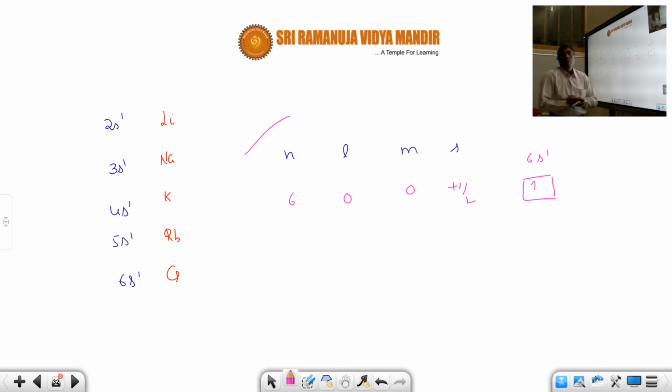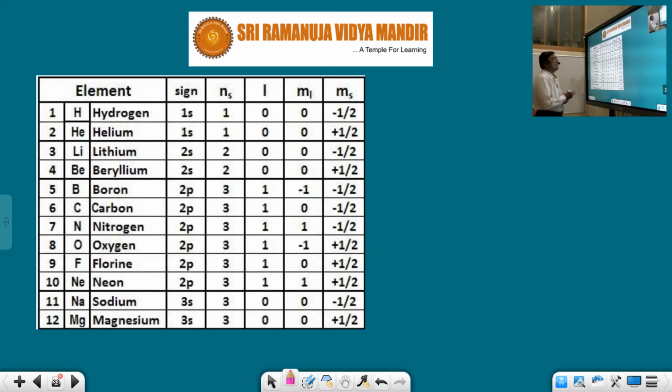So that is how to assign quantum numbers for various elements. Now this is exactly the values you can see here. The l value will be 0 for all the s orbitals, and for p orbitals it is 1. You can see here, and this value is 3.